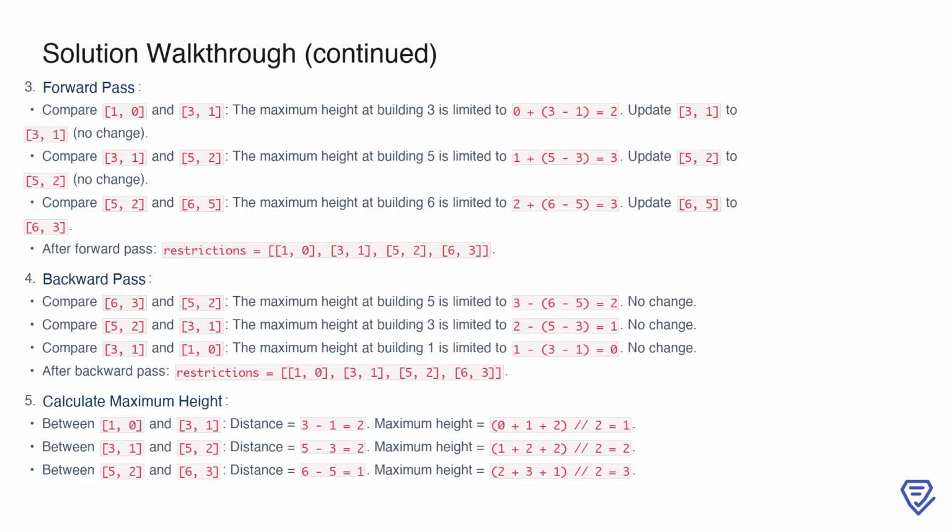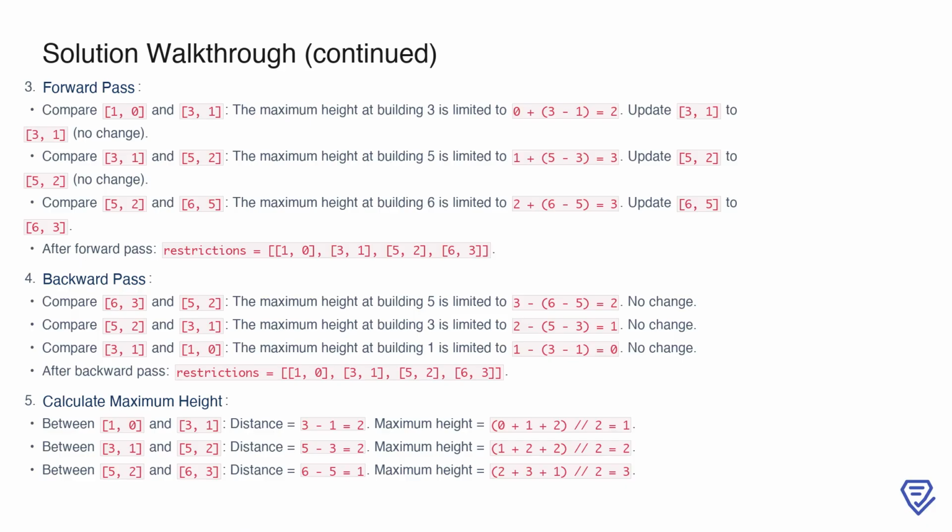Finally, comparing [5, 2] and [6, 5], the maximum height at building 6 is 2 plus 6 minus 5 equals 3, which is less than the current restriction height of 5, so we update [6, 5] to [6, 3]. After the forward pass, the restrictions become [1, 0], [3, 1], [5, 2], [6, 3].